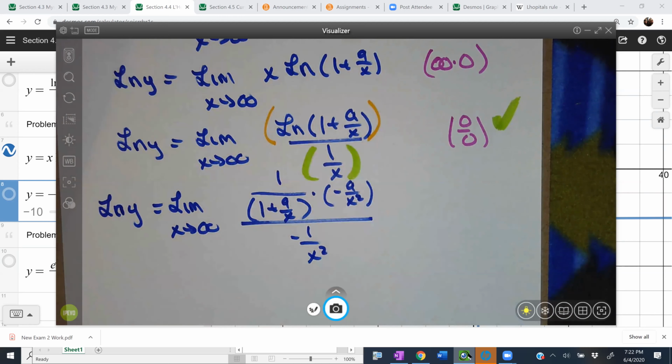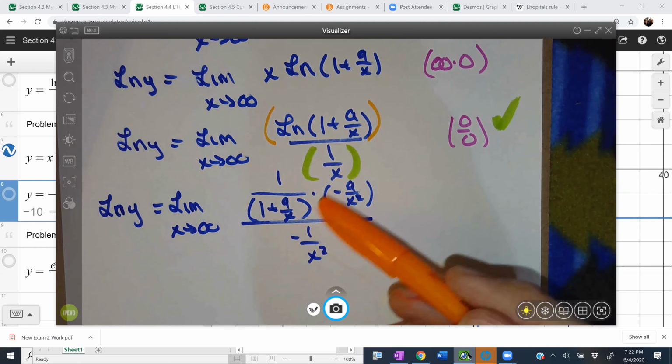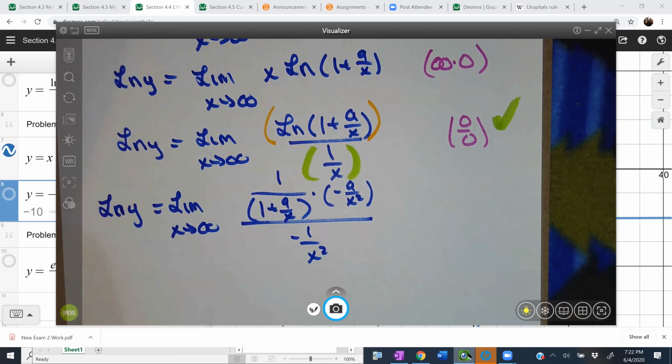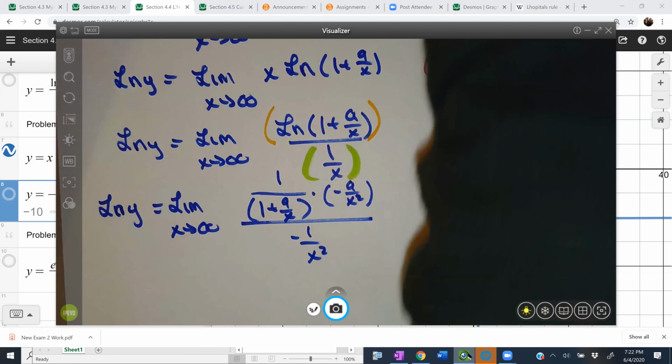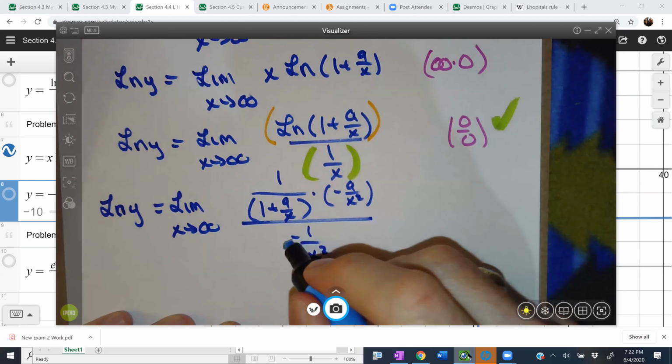Does this simplify at all? Actually, yes. Negative and a negative cancel, so I can get rid of those.